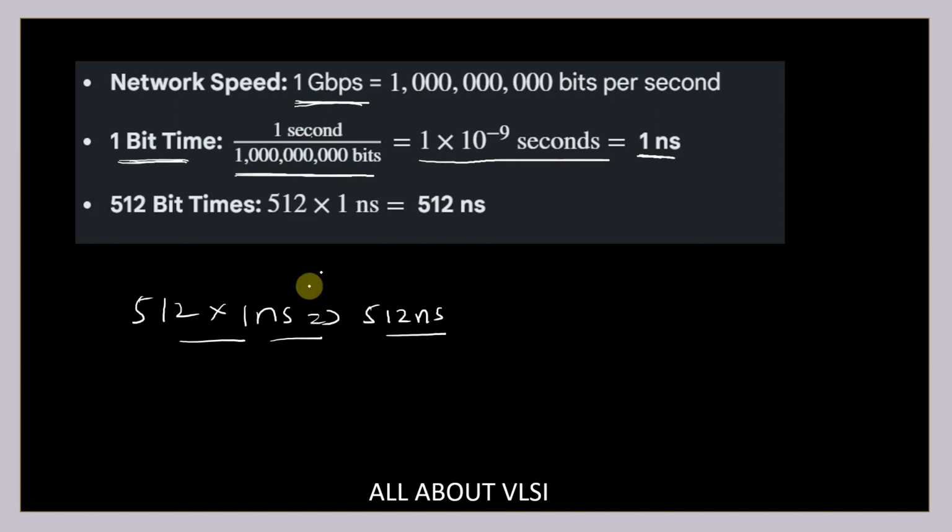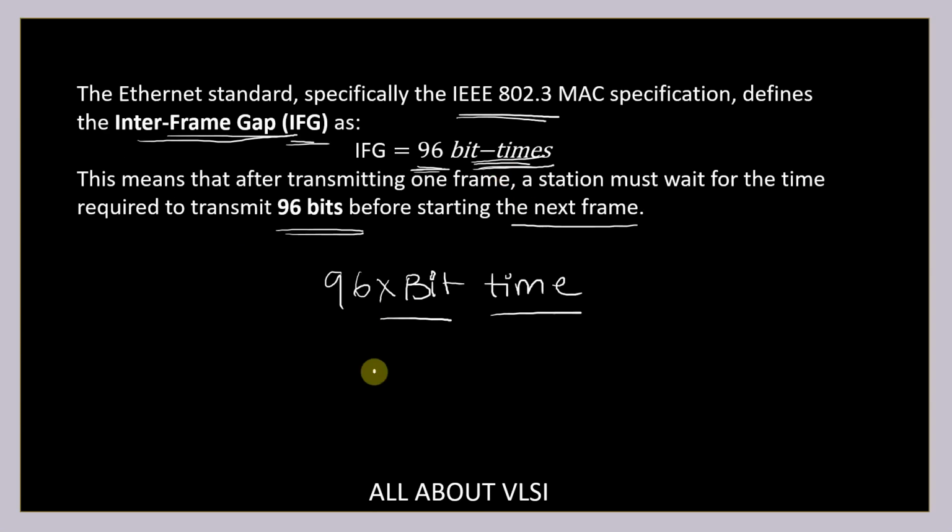In this IEEE 802.3 standard, you take 96 into 1 bit time, which is 96 nanoseconds. This is my interframe gap, which the transmitter should allocate. So it is going to pause the transmission for 96 nanoseconds.